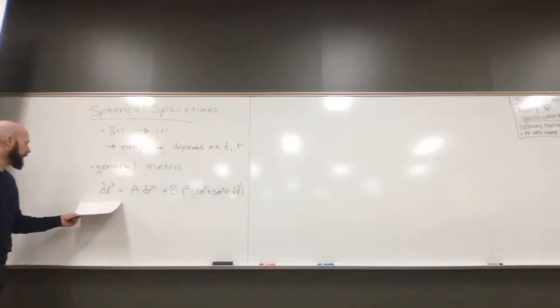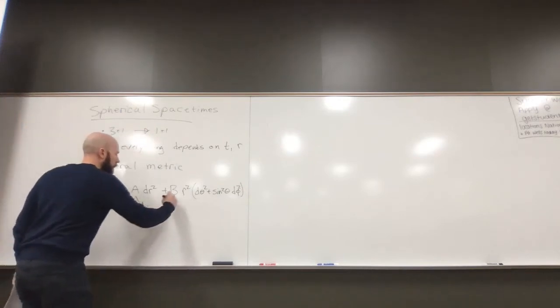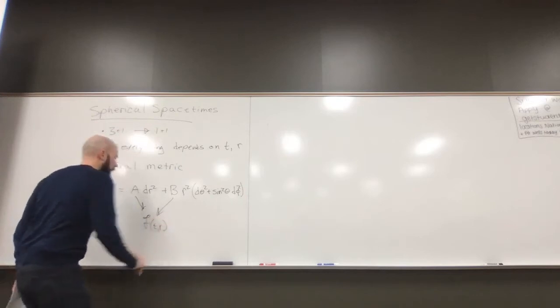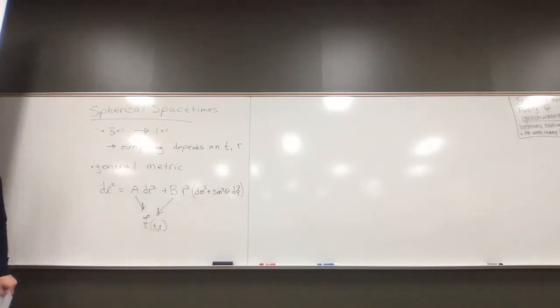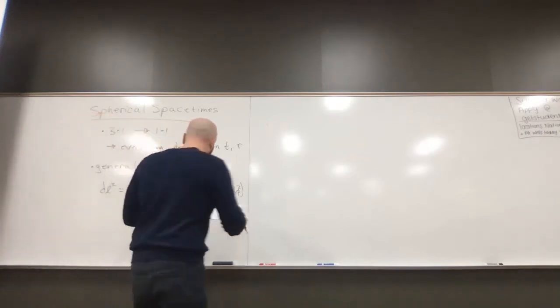And so these A and B are functions of only time and radius, right? And they depend on our choices for the gauge conditions and our slicing, right? How do we set up the lapse? How do we set up the shift vector? And that will tell us how B and A behave.